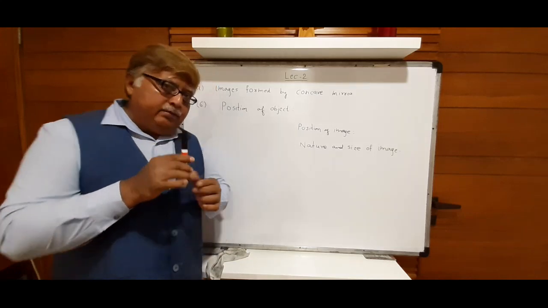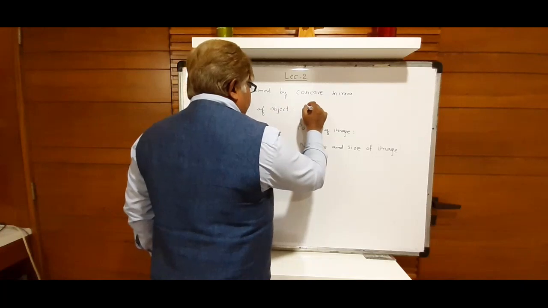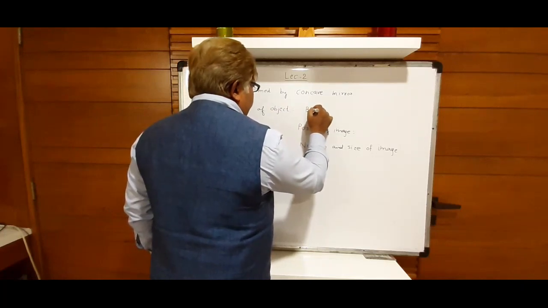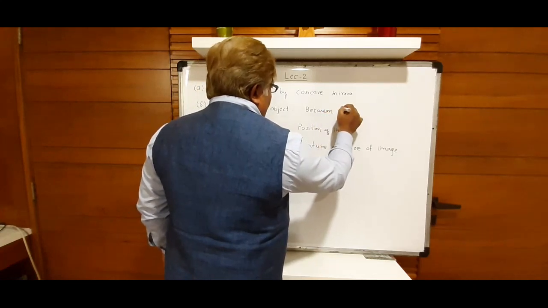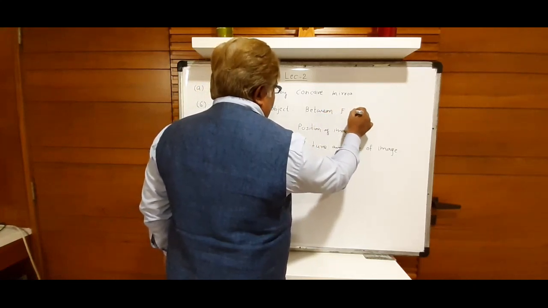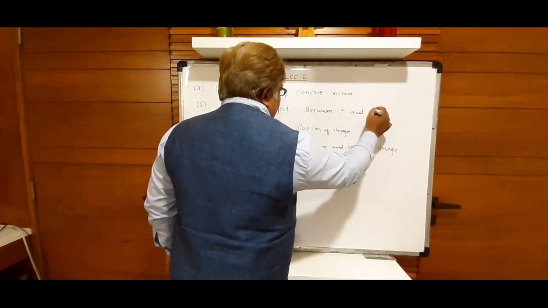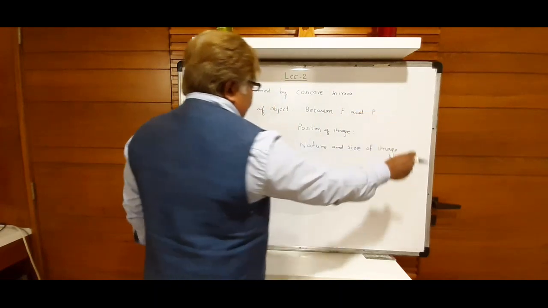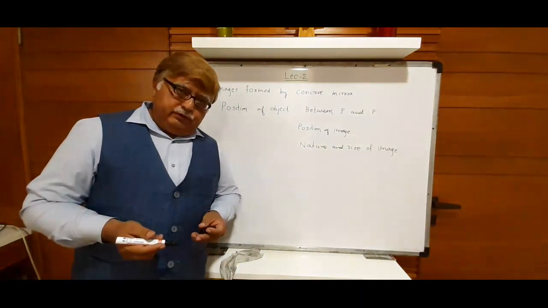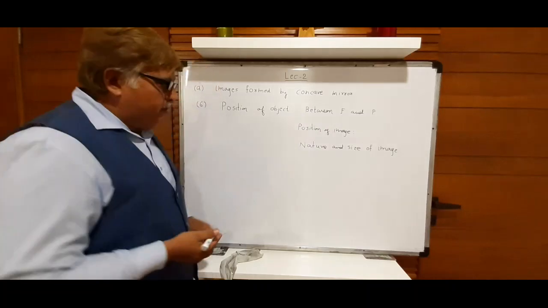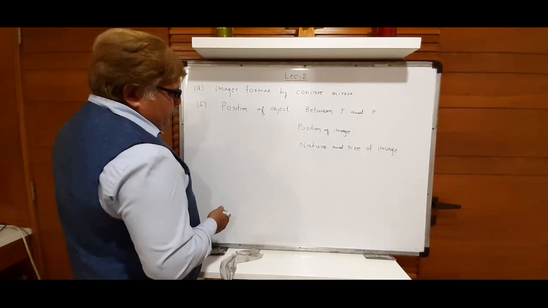Between F and P. I am just writing the position of the object between F, that is focus, and P, the pole. Between the principal focus and the pole, let us try to understand and draw the diagram.